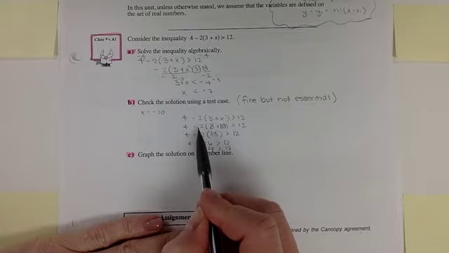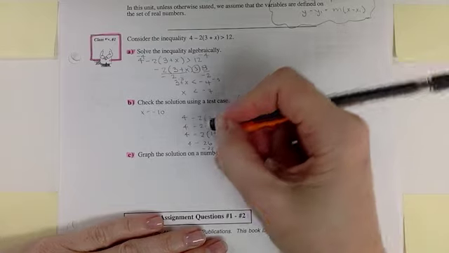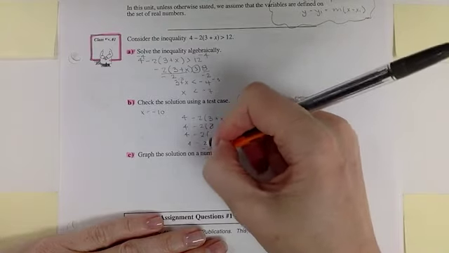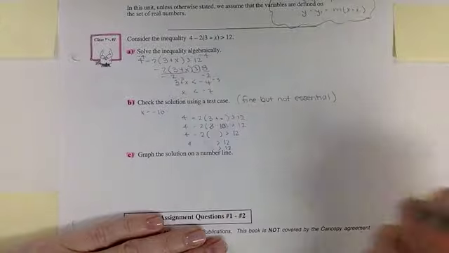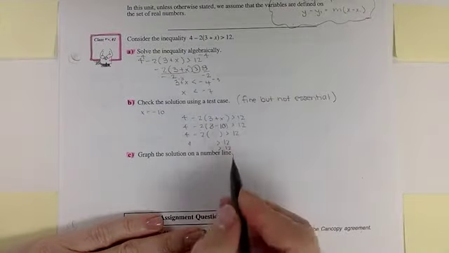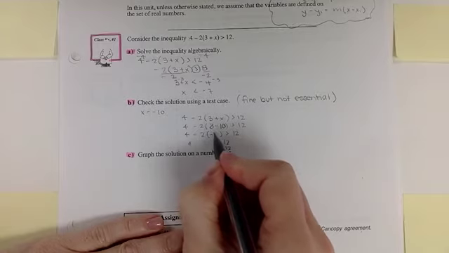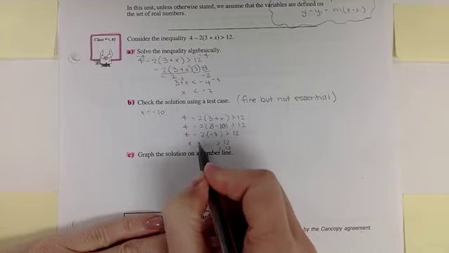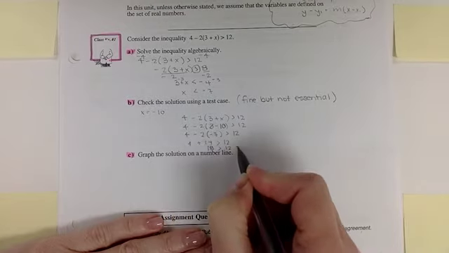And we wrote the original correctly. Oh, I put plus 10. Should have negative 10. I hope when you did yours, it worked out. Okay, so negative 10. And now that'll be negative 7, which will give us plus 14. And 18 is greater than 12.